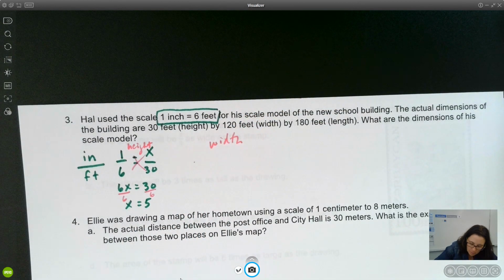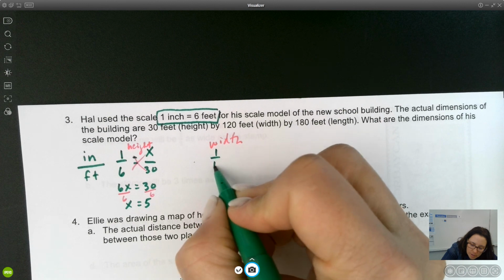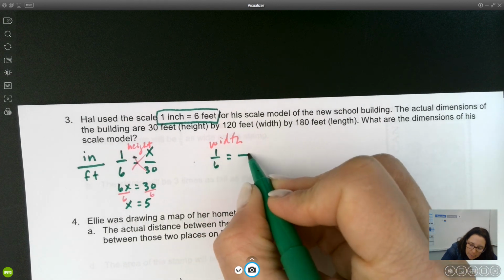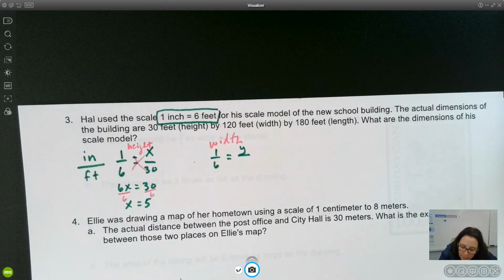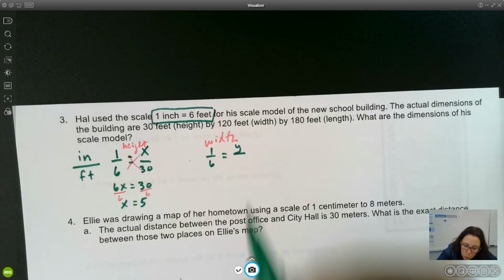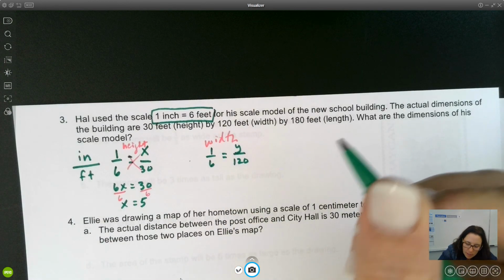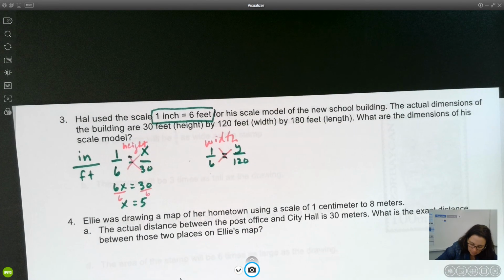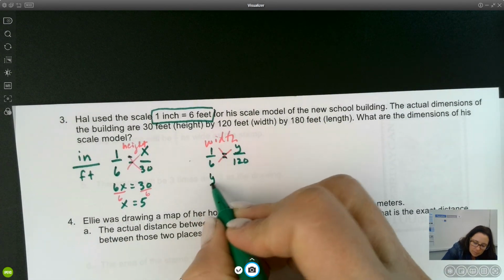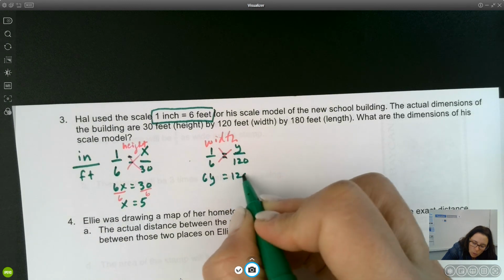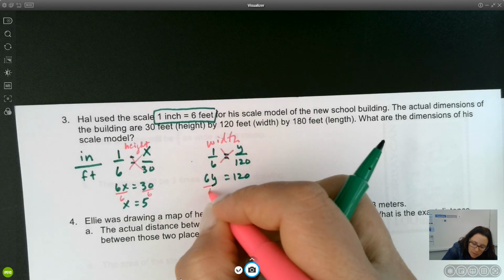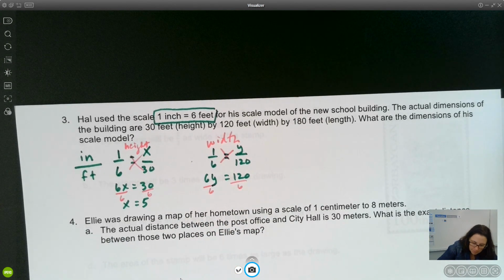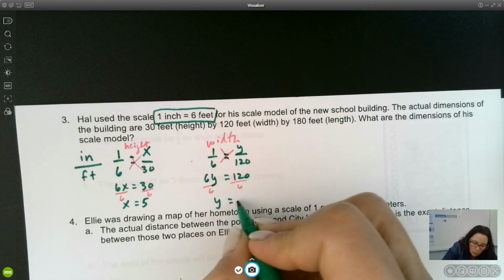The width is going to be the same 1/6, but this time I'm going to put a y in there, and I'm going to put 120 down here. All right, so I've got 6y equals 120. Divide by 6, and I end up with y equals 20.